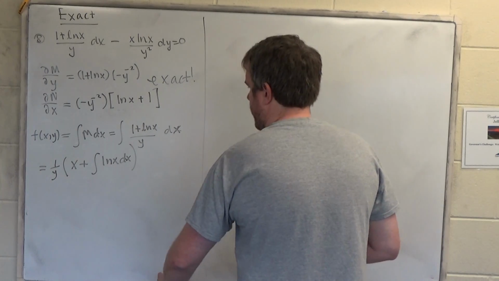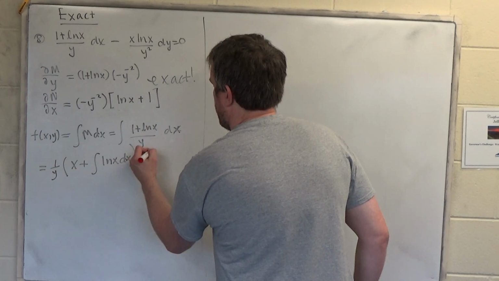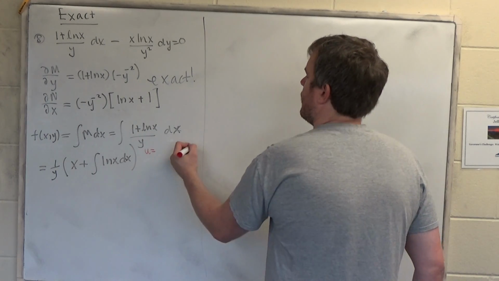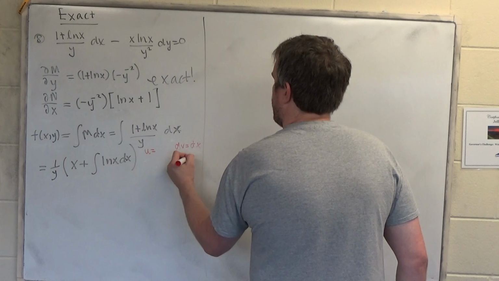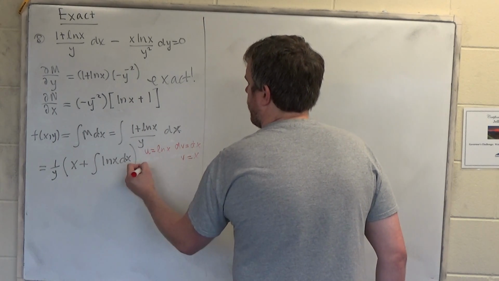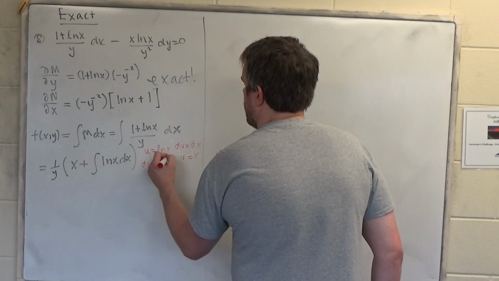I'm going to write that in red, because I think it writes a little smaller. The most complicated thing that I know how to integrate in this expression is dv equals dx, where v is just x. That leaves u as log x, and so du is dx over x.